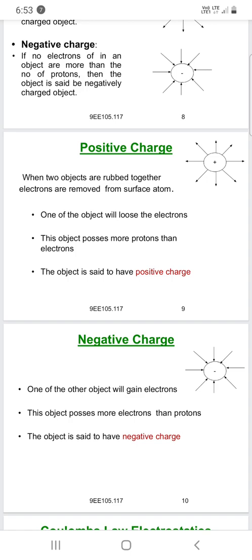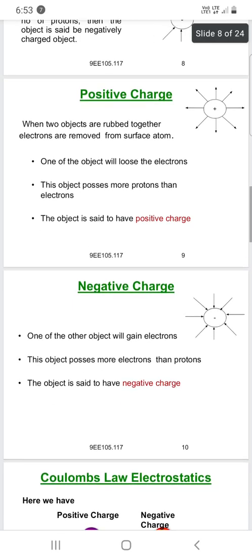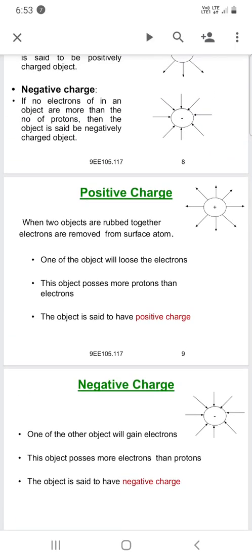That means the negative charge attracts the positive charge, so the direction is inwards.